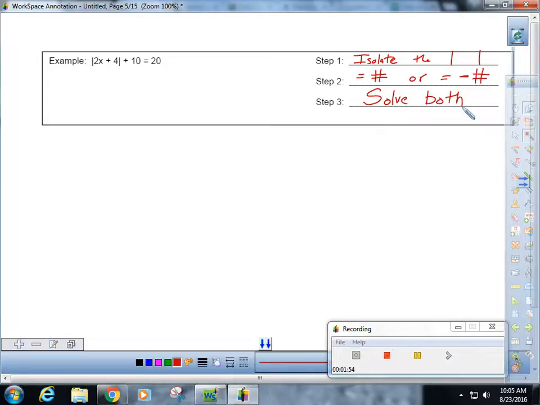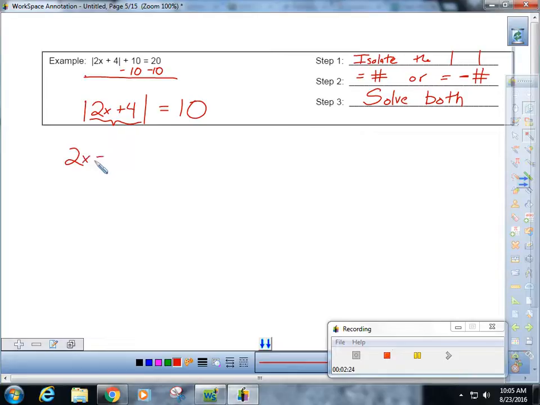Okay? So, notice the absolute value sign is not isolated. It's not by itself on this side. So we want to get rid of the plus 10 first by subtracting 10. That leaves you with the absolute value of 2x plus 4 is equal to 10. Now we're on to step 2. So you take what's inside of the absolute value and you set it equal to 10.